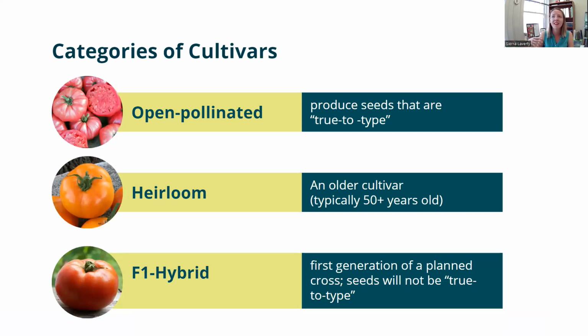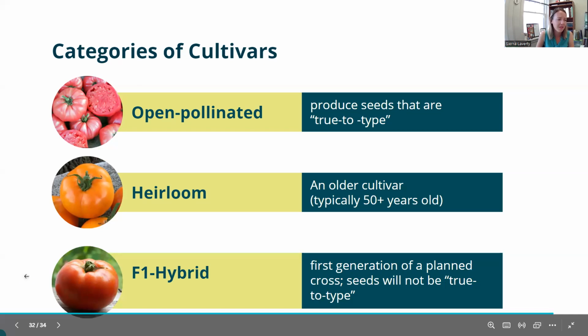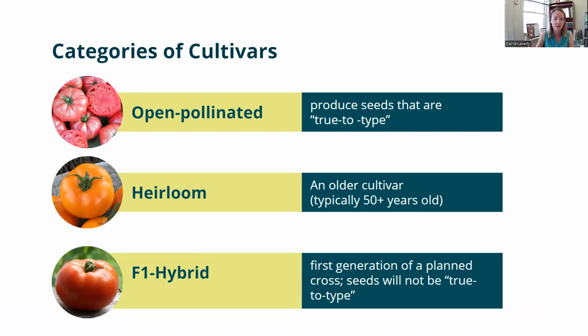Some of them will be shorter, taller, bigger. Some of them may not even have red tomatoes, right? They may taste terrible, and they're not going to have the same genetics as the parent plant. So if you save seeds off of celebrity tomato or any other F1 hybrid, those seedlings that grow up are not going to be true to type.